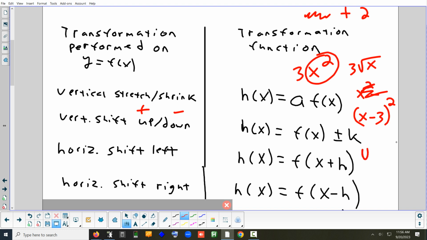You could do it for a square root function. In fact, we saw something like that today. If you put the -3 inside the parentheses or inside the symbol, it's always shifting left or right. When you put the plus or minus outside the parentheses or outside the symbol, that's going to shift up or down.